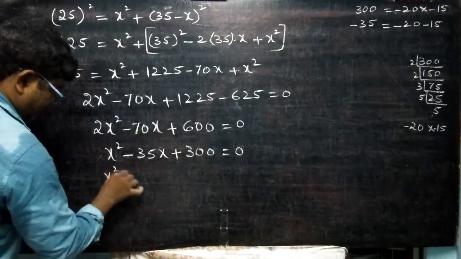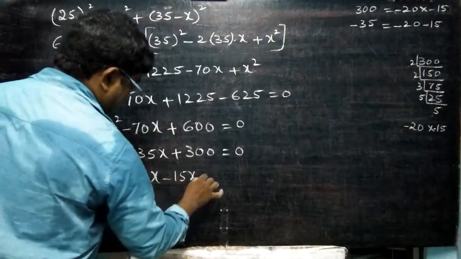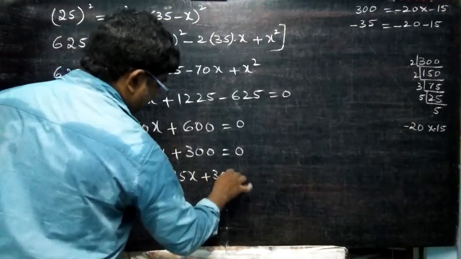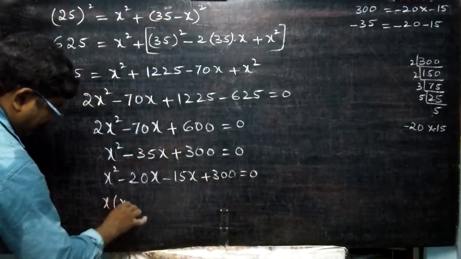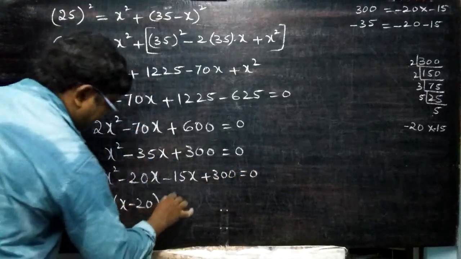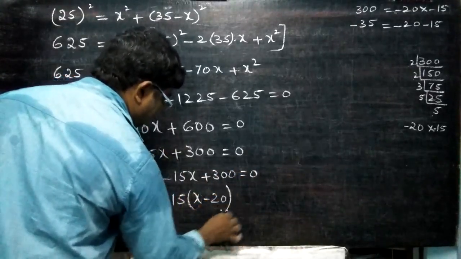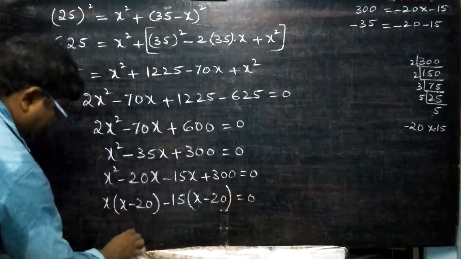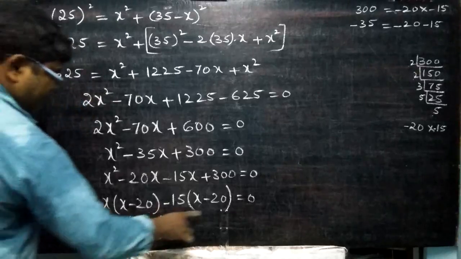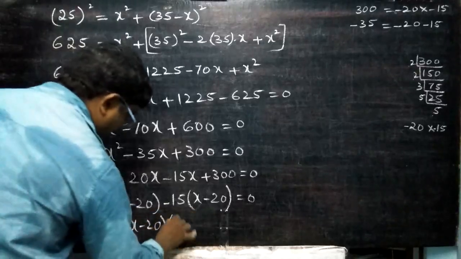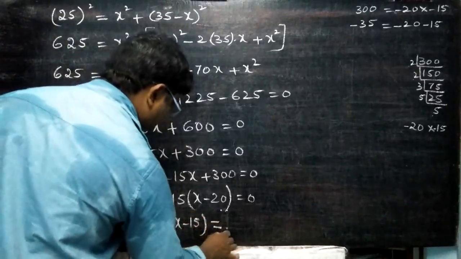So x square minus 20x minus 15x plus 300 is equal to 0. Now x common: x into x minus 20, minus 15 common, x minus 20, that is equal to 0. So x minus 20 into x minus 15 is equal to 0.